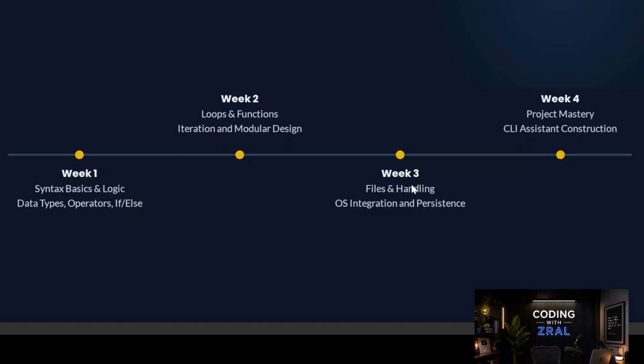In week 3 you can learn file handling and REST integration. And in week 4 you can do a project and then do the CLI. That's just a simple way for you to learn Python.